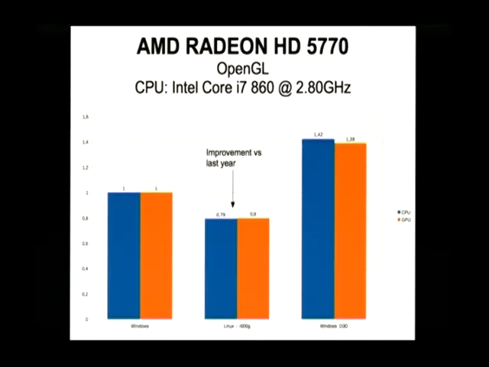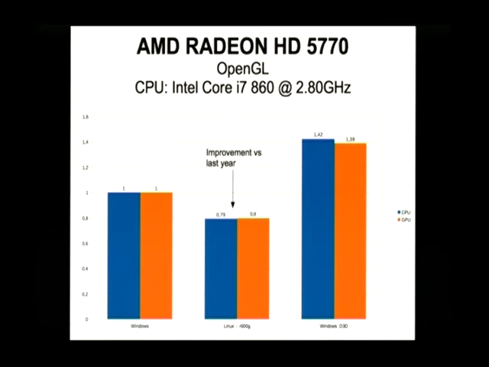For comparison, I tested an AMD Evergreen card, I think 2010 era, 2009 as well. And these are again OpenGL tests. What you see is that I tested the open source driver on Linux, and as we saw in the graphs before, in this comparison it's improved as well.